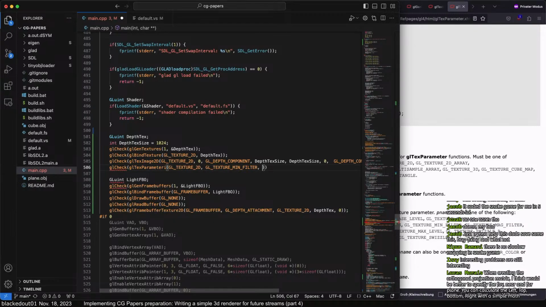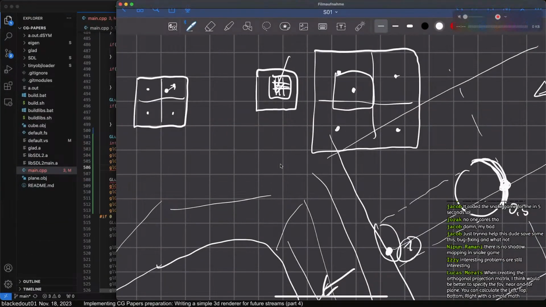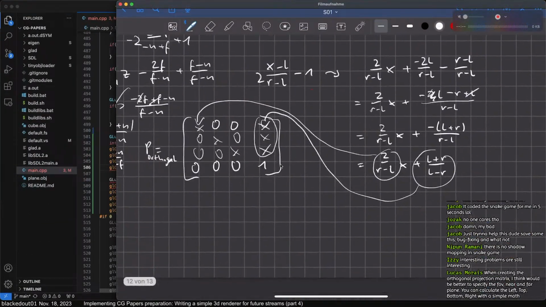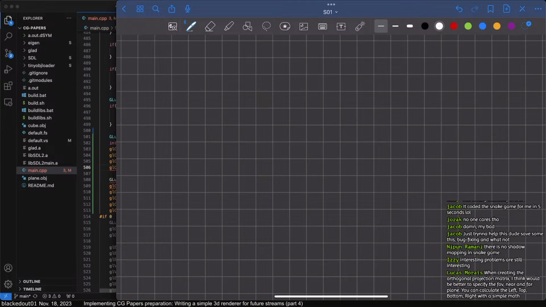basically mean how to sample the texture. And because this is a depth texture, we don't want to mix any depth values because that makes no sense. So for example, if we imagine we had a cube here, and way in the background there would be a plane.